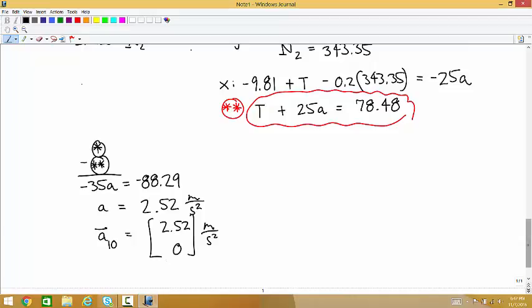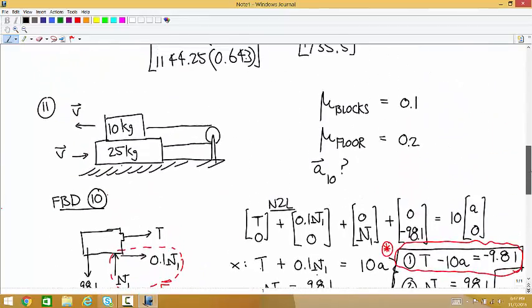Okay, so that says that the acceleration of the 10 is in the positive x direction. The velocity is in the negative x direction. So is this system speeding up or slowing down? Anybody have any other guesses?